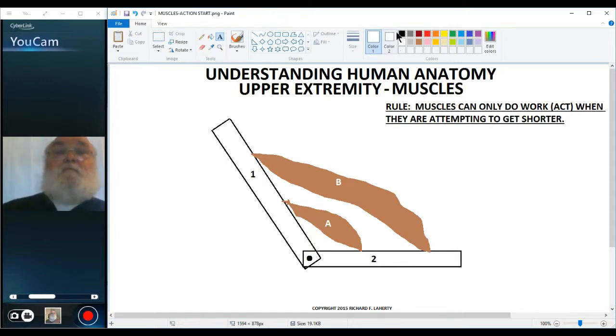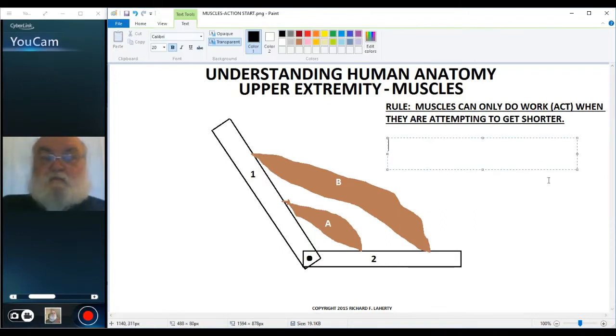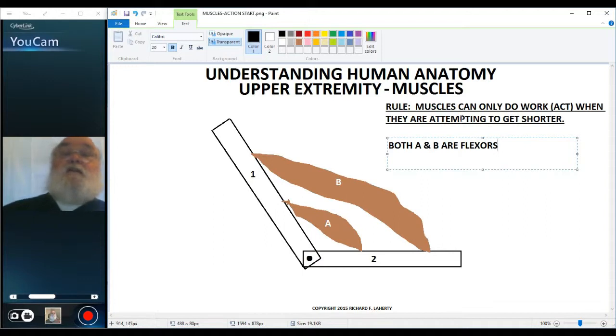So both of these muscles are flexors, because they're on that side of the joint. It's the only thing they can do. They can only do work when this end and this other end, the end attached to bone 1 and the end attached to bone 2, come closer together.